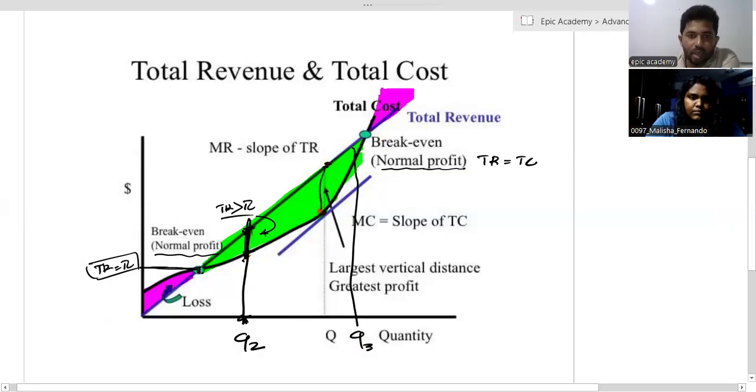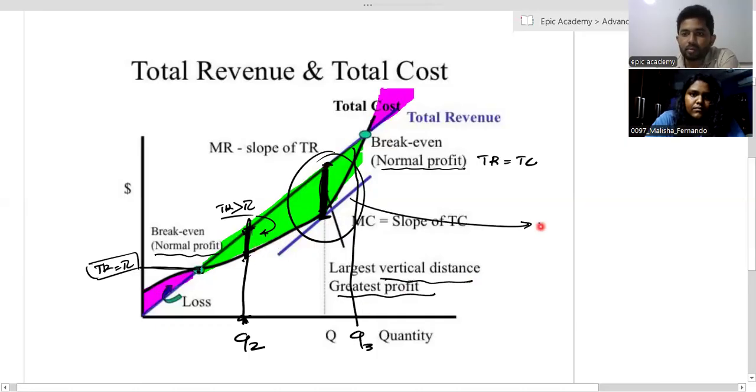This is the maximum possible distance between TR and TC. So this is the point where you can earn the maximum profit. The largest vertical distance gives the greatest profit you can earn. So we call it profit maximizing.